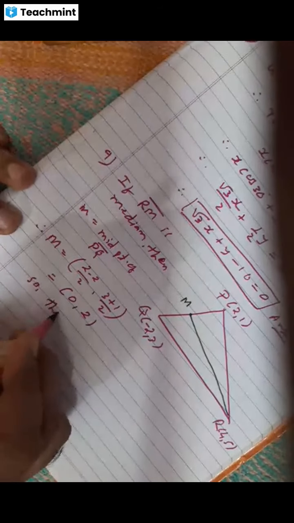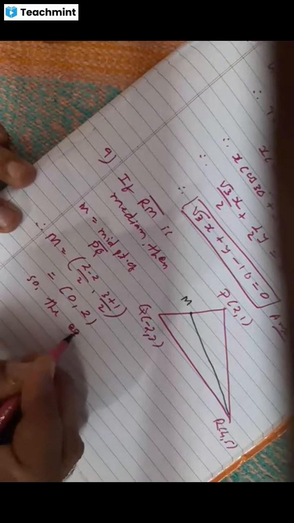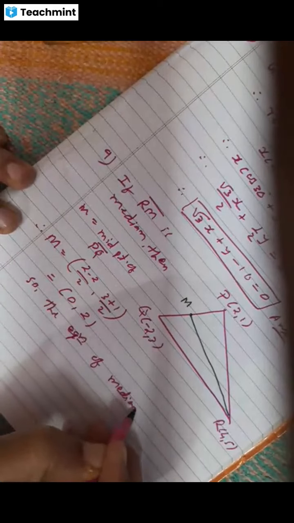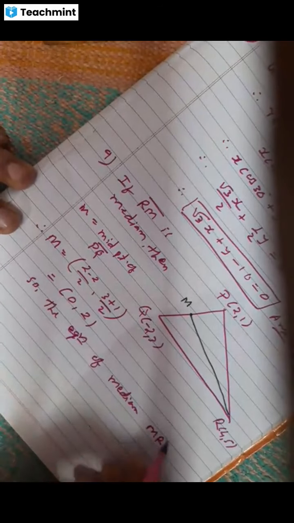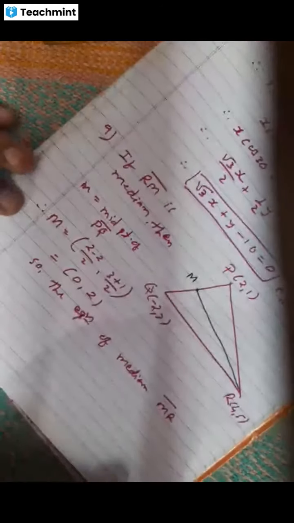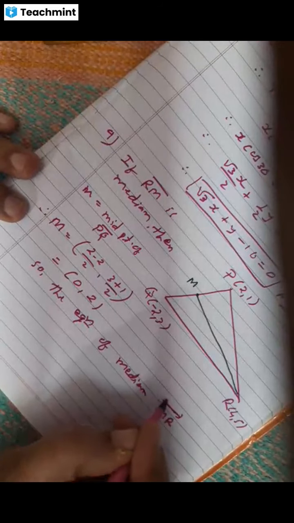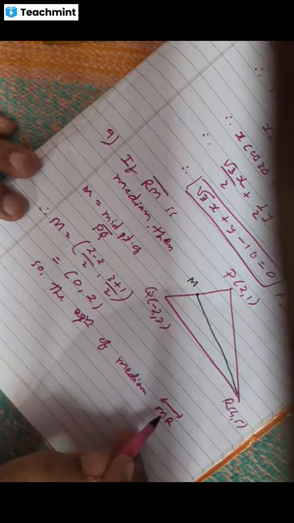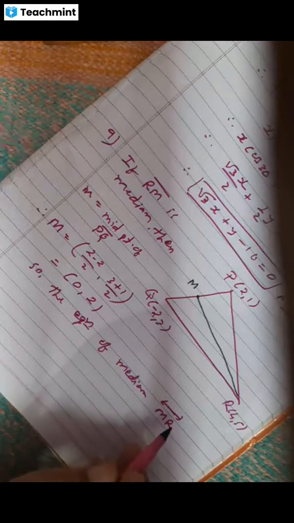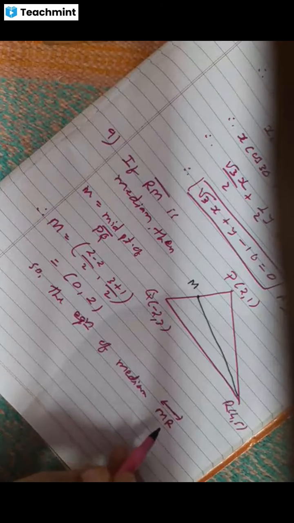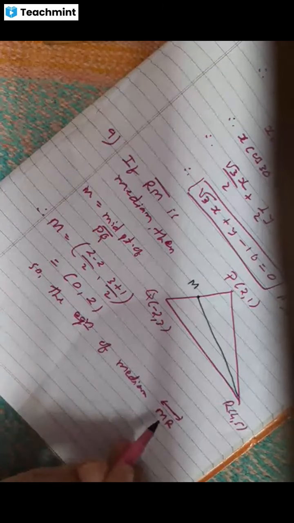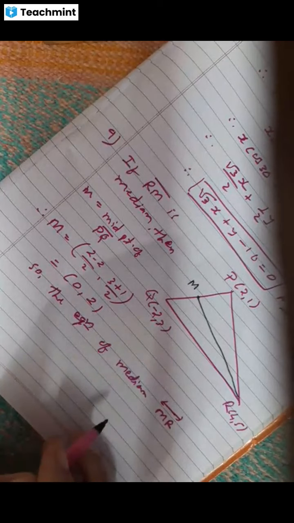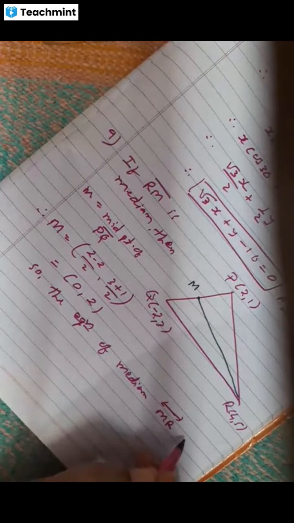So the equation of the median MR. In fact, the median is a line segment. I am drawing here a line notation, that means it's a line containing the median, which is required. ठीक है? Right? So वो क्या हो जाएगा equation?